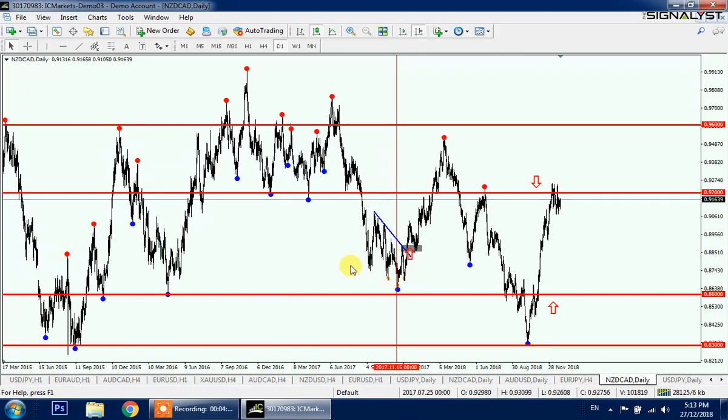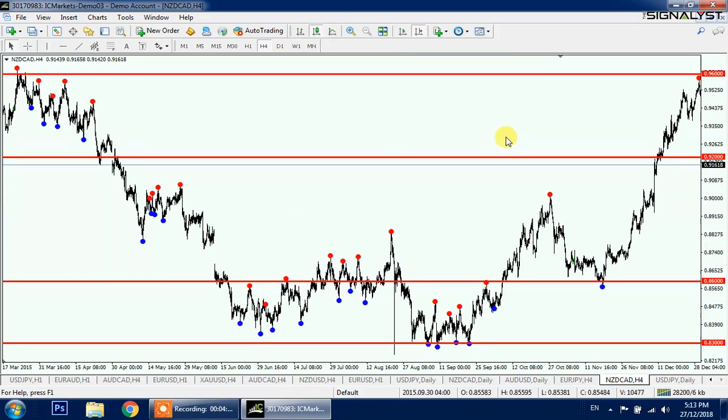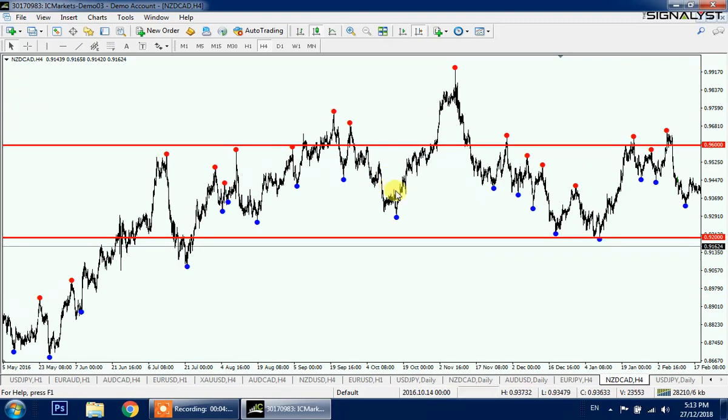Let's take one more example. As I mentioned earlier, support and resistance levels are not a standalone strategy, so we don't enter blindly when the price reaches the level. Let's take an example here. We dive in on H4 and we look for entries.